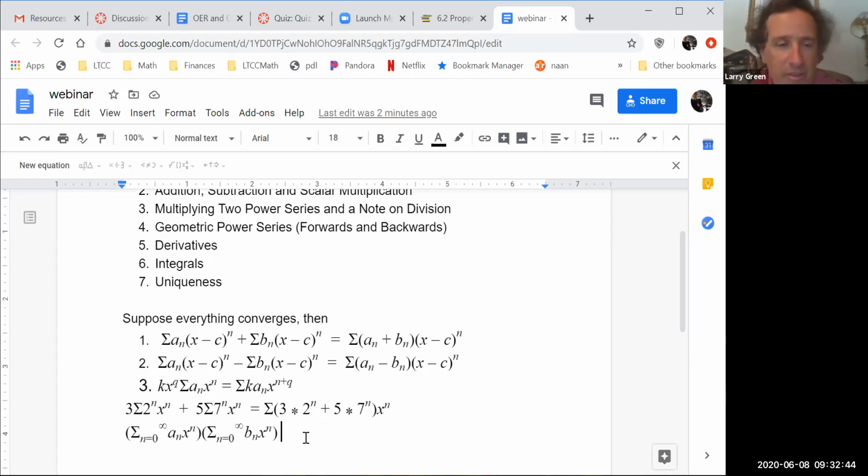So computers are very good for approximating this when it converges. And if it doesn't converge, you have to tell the computer it doesn't converge. So this multiplication issue is a complete mess, but it's useful if you're okay with an approximation where you don't go to infinity.